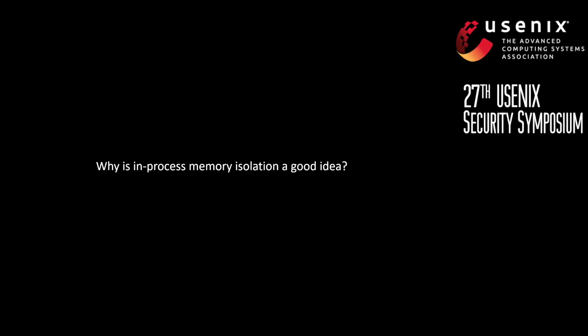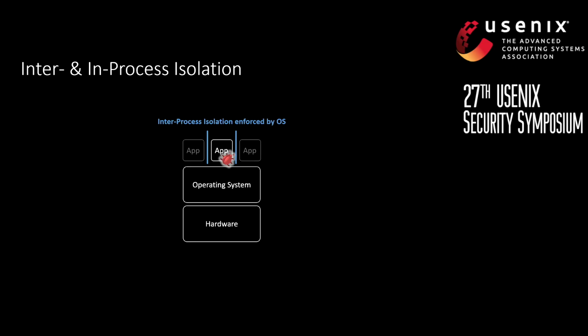So, first question is, why is in-process memory isolation actually a good idea? Why do we want to have it? As all of you might know, we already have inter-process isolation enforced by the operating system, which means that every process that is running on your PC is actually shielded from the other processes using virtual memory.